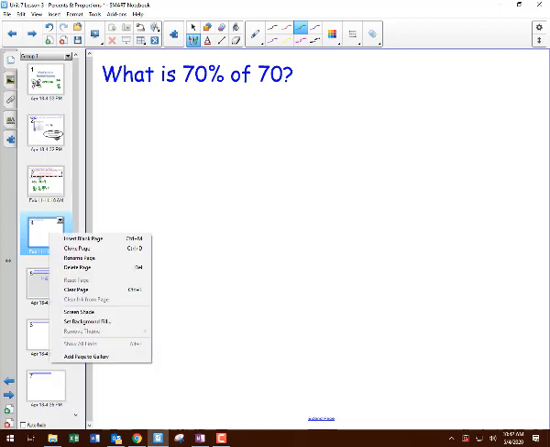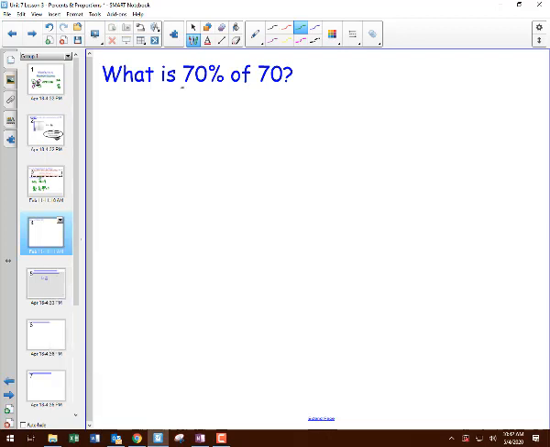For the next one, what is 70% of 70? It's just right there, pretty easy for us to solve. So we need to change this into something we can use. Here again, you can go decimal or fraction. We know that of means multiply.